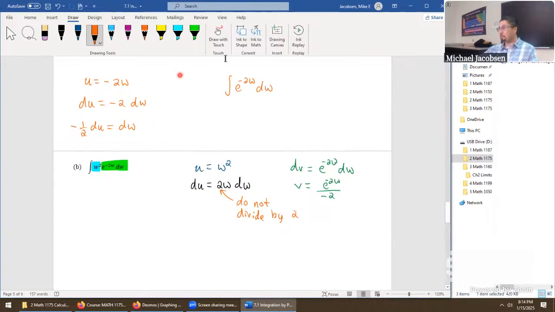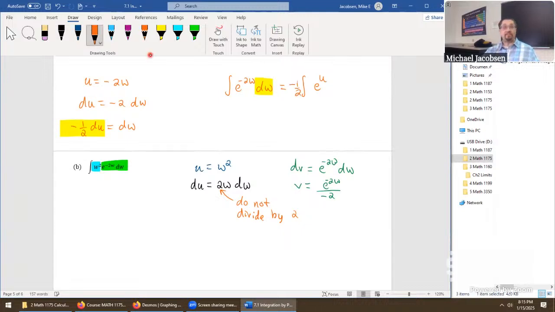So a little bit weird, so I'm glad we're doing this u substitution here, just to compare how integration by parts does make a slight change. But then back to this problem, we have the antiderivative of e to the power u, the u is the -2w, dw over here turns into this, -1/2 du.